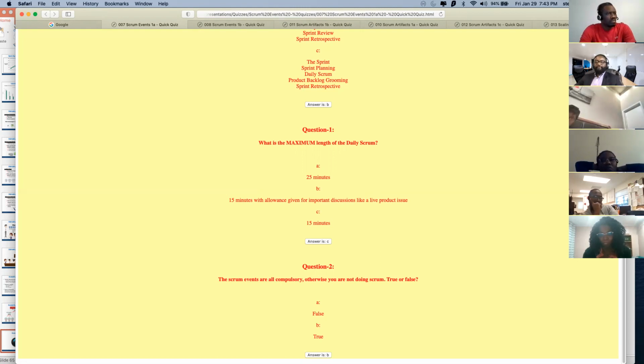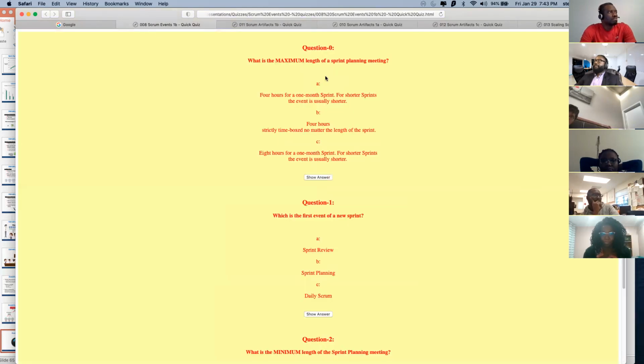But if we're doing Scrum, we need to do this process and all those events. Good, thank you. I think my mistake was around my understanding of the word compulsory. That means mandatory, basically. All right, so next set of questions.